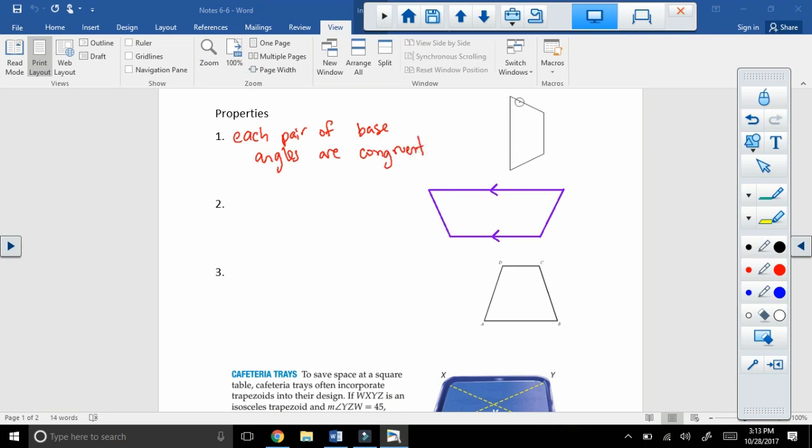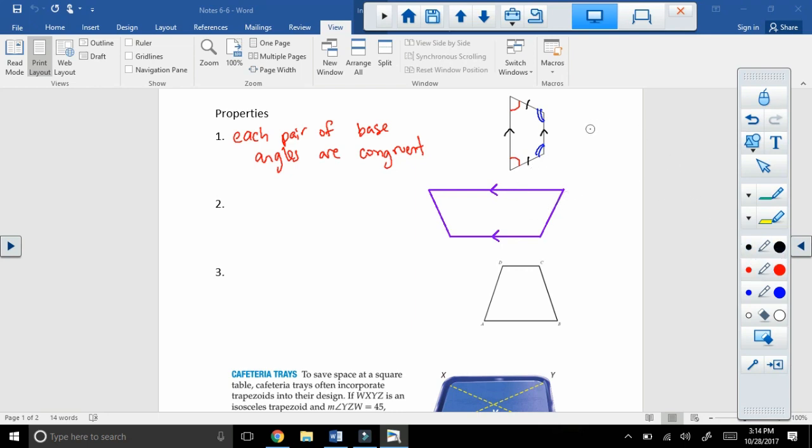In this case, this here would be one pair of base angles because they're the angles that are adjacent to that base. And then this pair here would also be congruent. And again, that is only if this is an isosceles trapezoid. This doesn't take into effect if it's not.